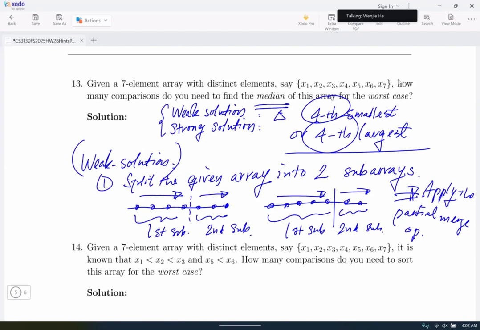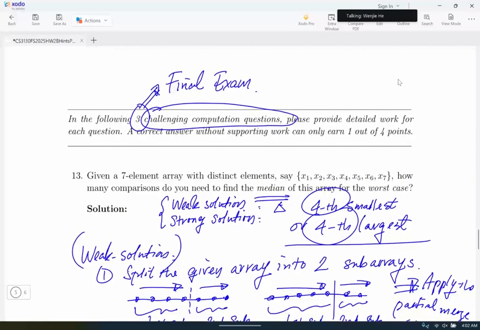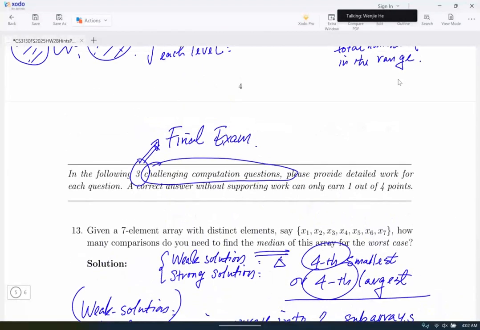Here I can also give you the hint for the strong solution. I need some space. Let me use some space here. For the strong solution, you need to use a completely different idea.